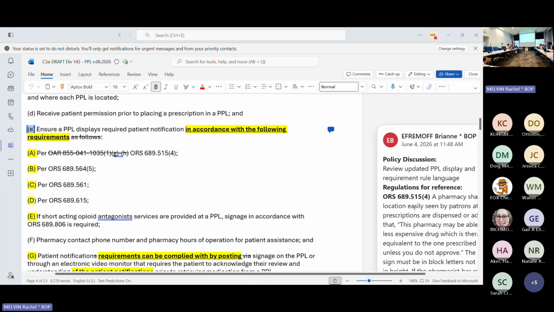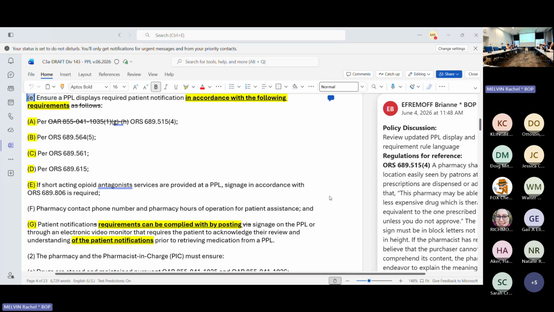As part of this law, there is also a requirement that the patient has the ability to contact a pharmacist related to the pharmacist's assessment of whether they can or cannot comprehend this sign. So paren G, which you see below, is also incorporated to satisfy the requirements in ORS 689-515 paren 4, just for clarification on why that is there.